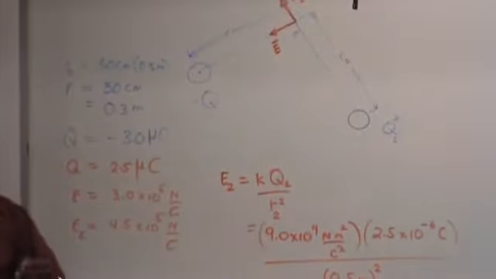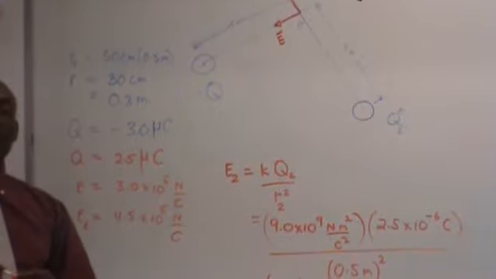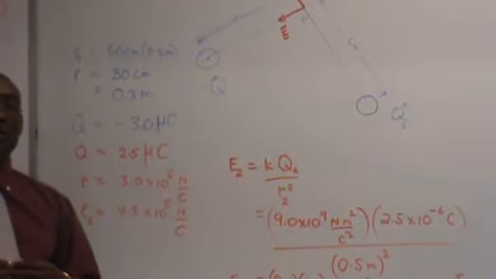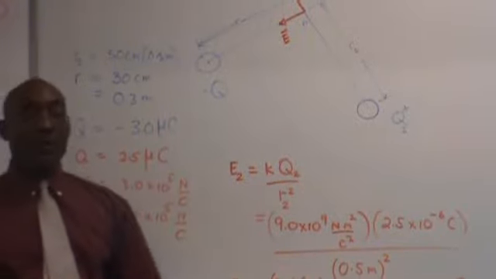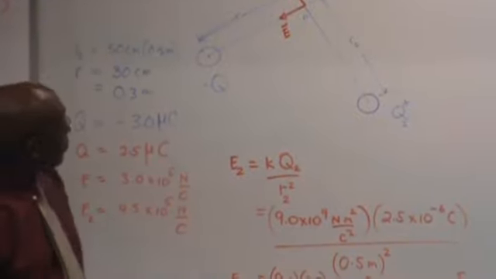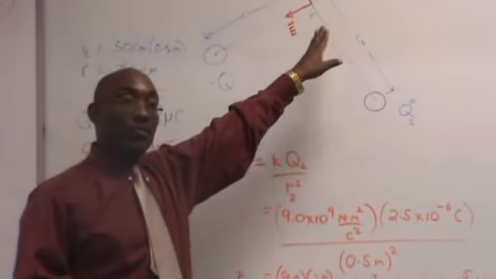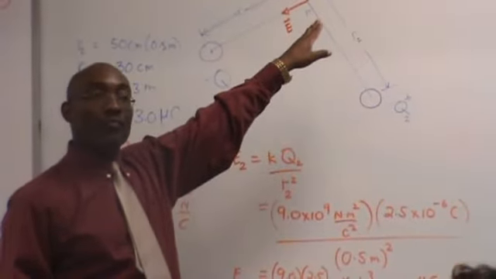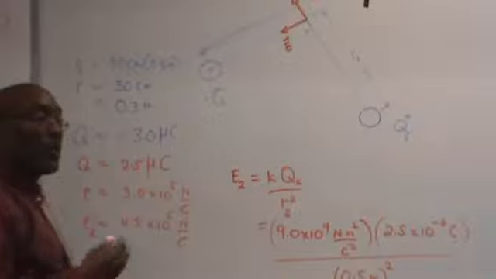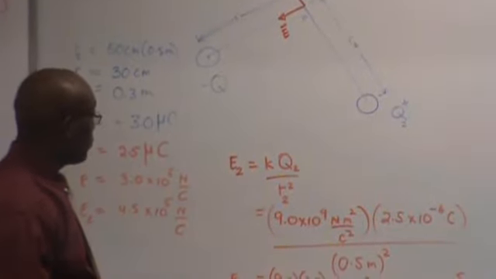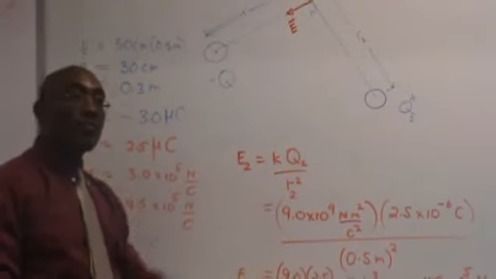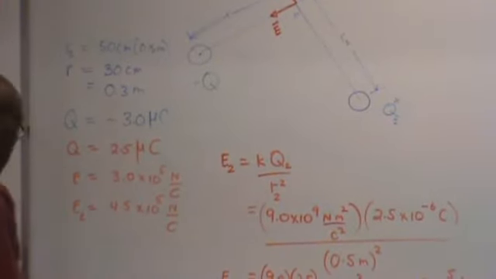So now what we need to do is add them vectorially to get our net field at that point. Are you guys with me so far? Okay. So the next step is just to add these to get our net field. Can I erase this? No? Get another board.